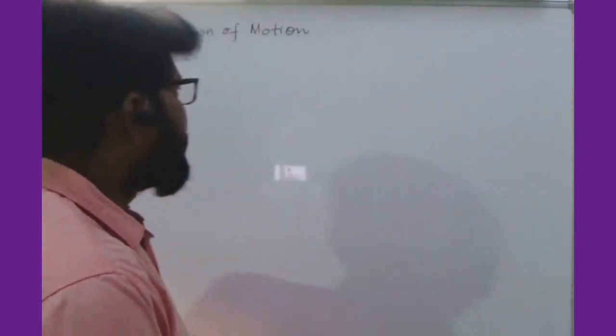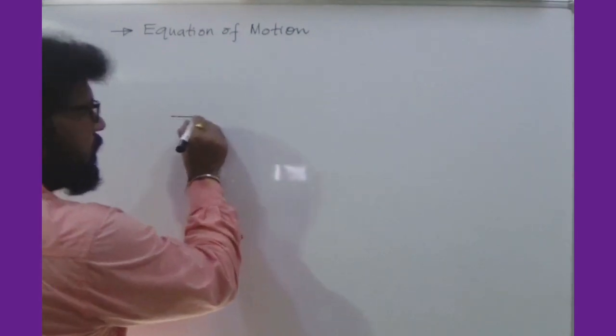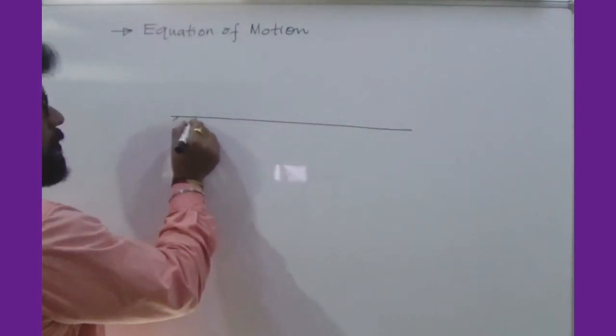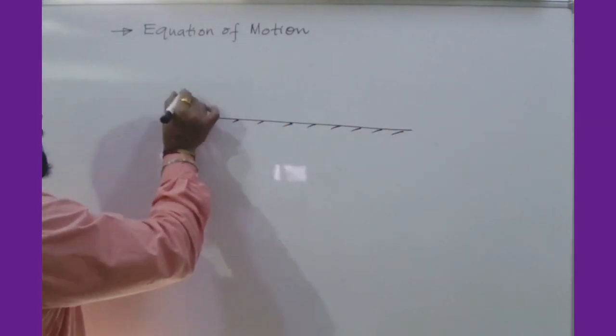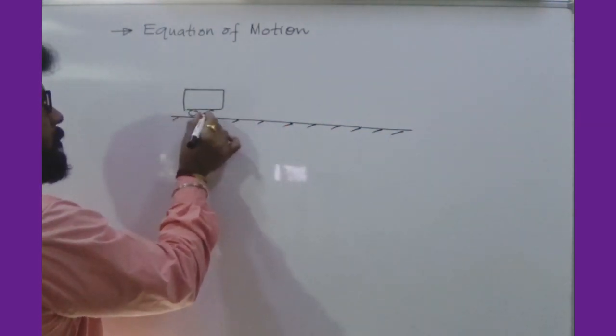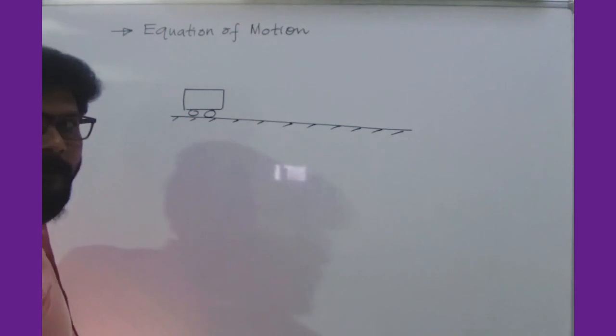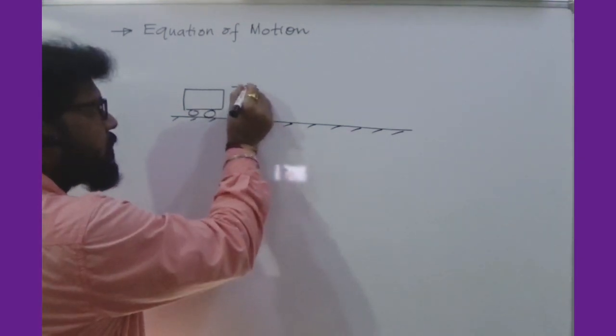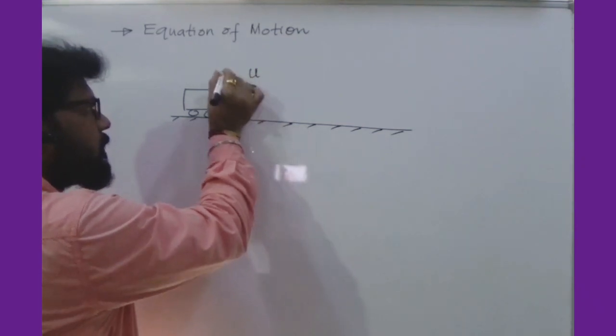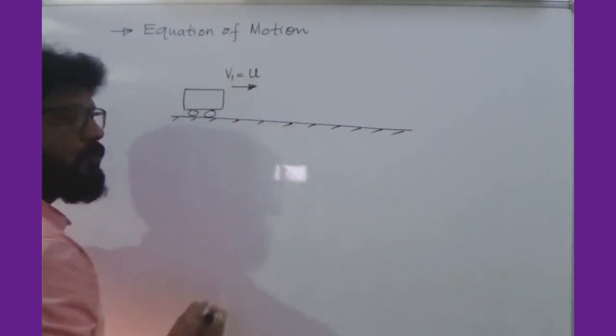Now let us consider a situation in which a person observes a car which is moving with initial velocity u. Let me take this as v1 is equal to u.